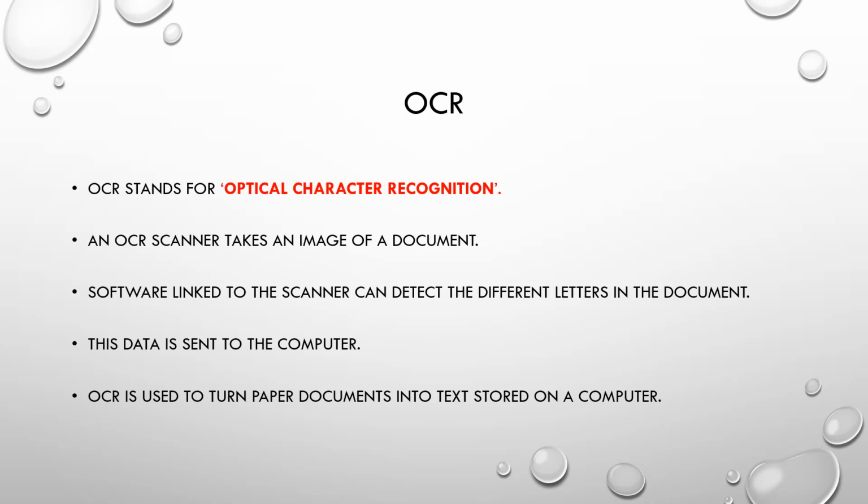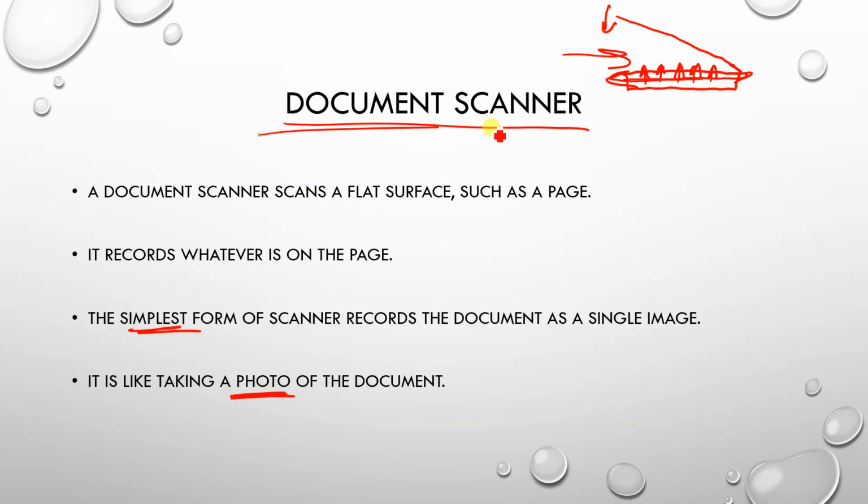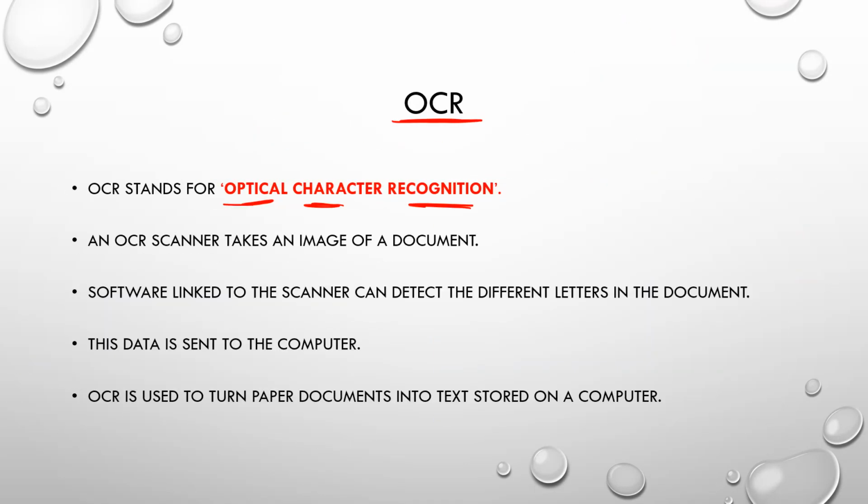Alright, OCR scanners stands for optical character recognition. So when you're using one of these, you might not even realize it, because it might look exactly the same as the document scanner. But the difference with optical character recognition is that if you scan a document, it has software attached to it that can distinguish between every character, so then it can separate them out.